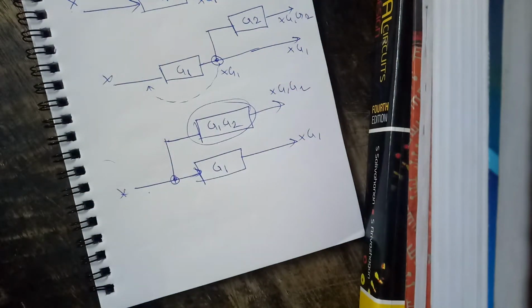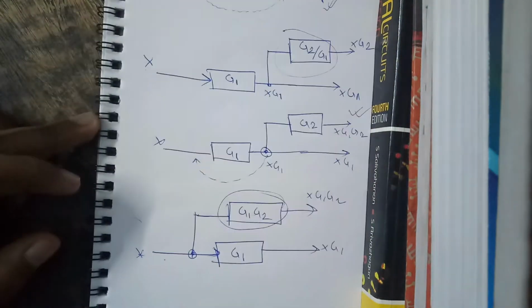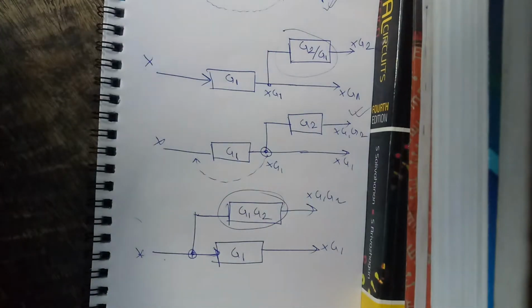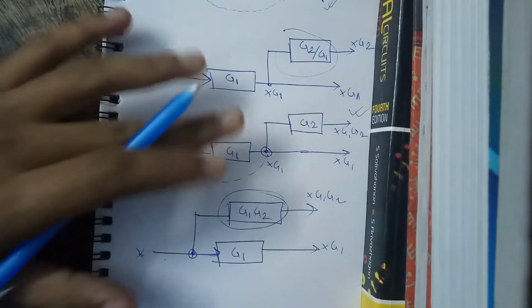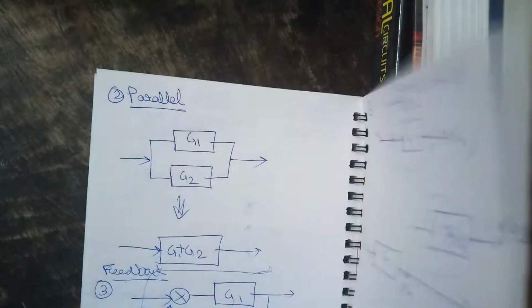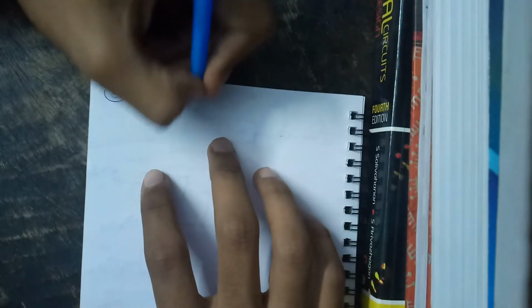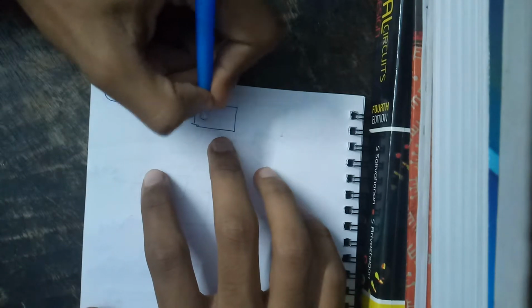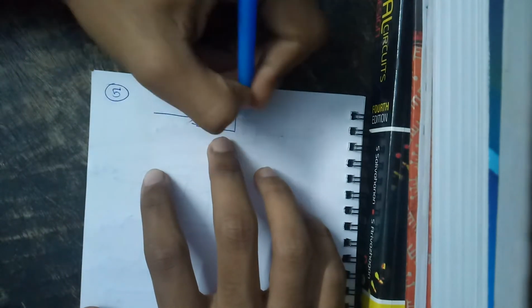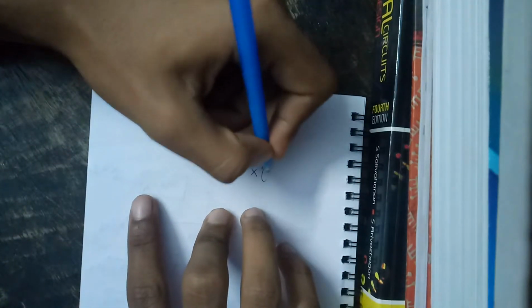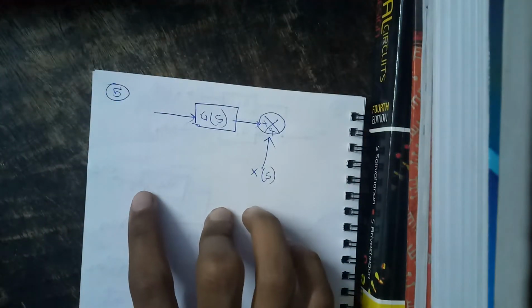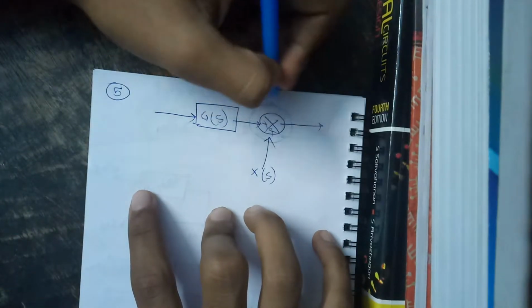Remember this. Now another type of point is the summing point. The rule of the summing point is almost the exact opposite of the takeoff point. Suppose this is my GS that is coming, there is a summer, and my XS is coming, right? This is called a summing point.